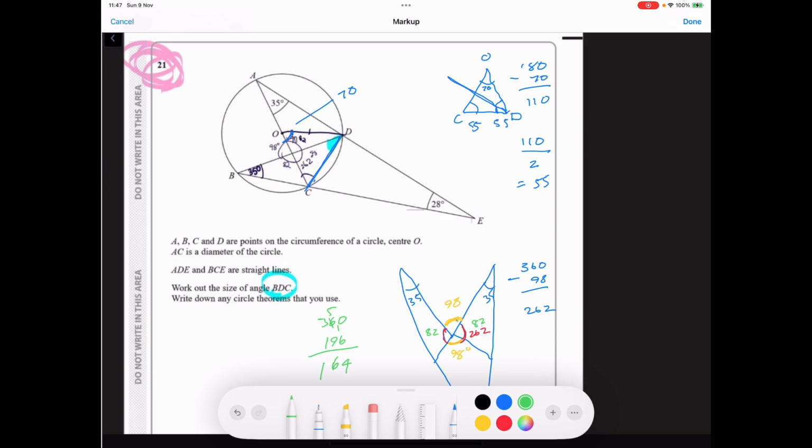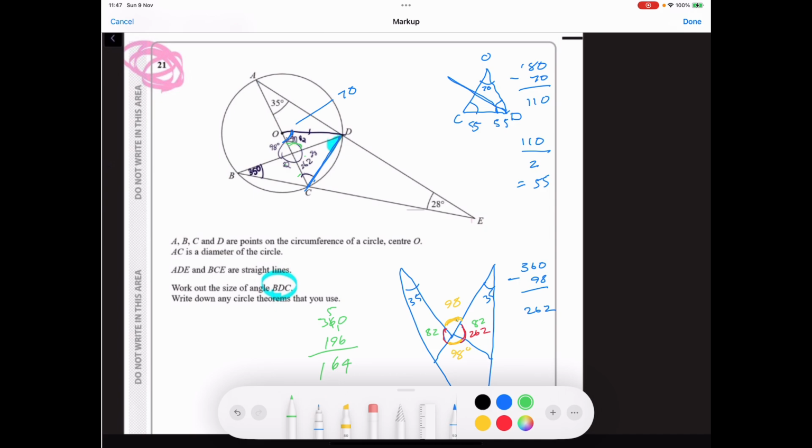Now, so we've got that. That now means we know that this is 82, and so we can use it on this one.